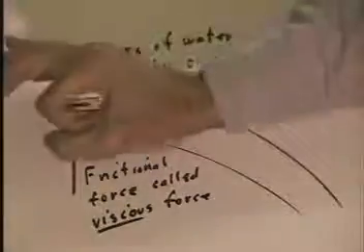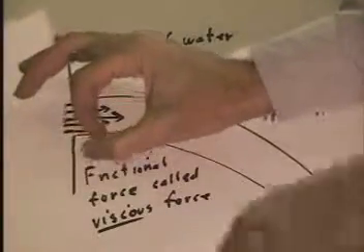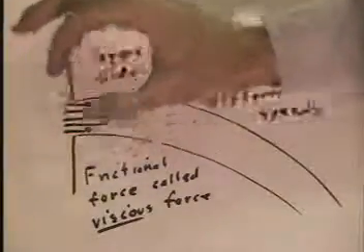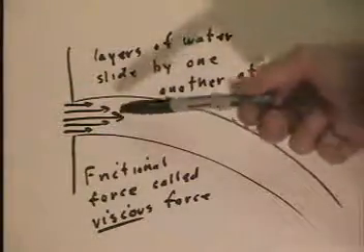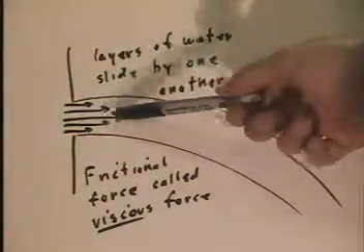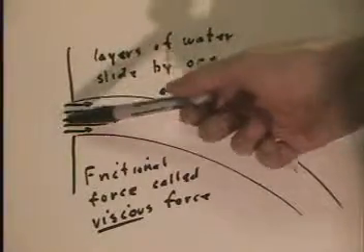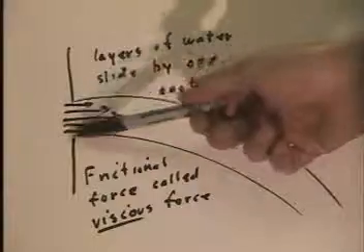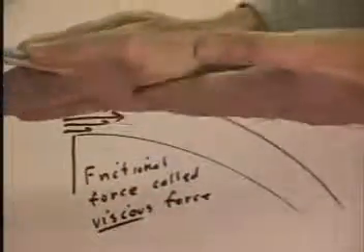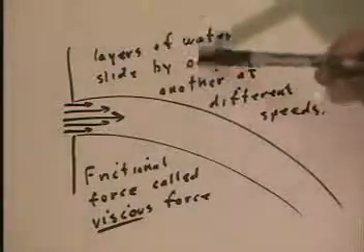You can think of this inner core, and then the water between the inner core and a larger radius, and then that between that radius and a larger one. The water in the middle is sliding through the middle of this ring, which is sliding through the middle of this ring, and the water is sliding against itself. Layers of water are sliding over layers of water.